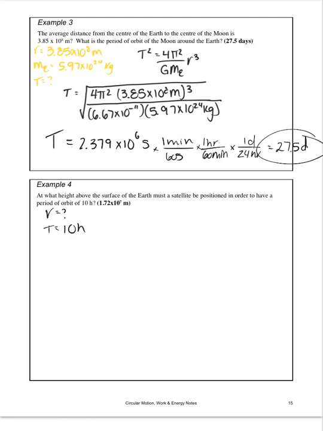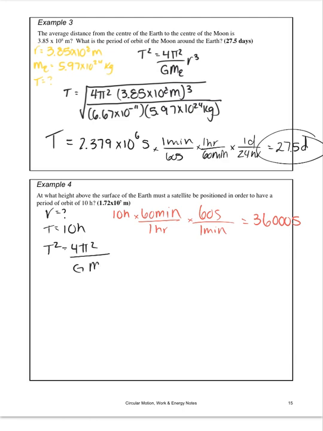So our first step is to convert this. So 10 hours is equal to 36,000 seconds.